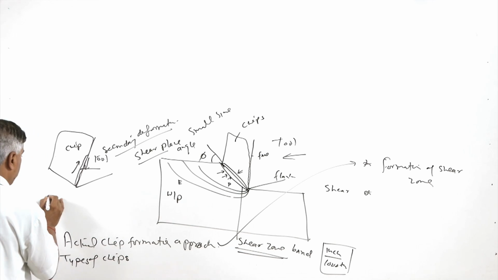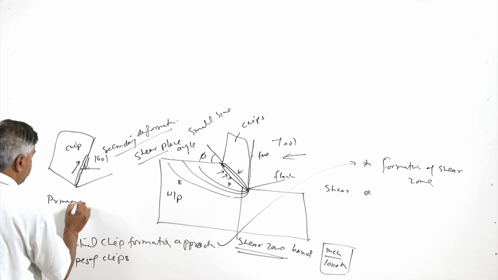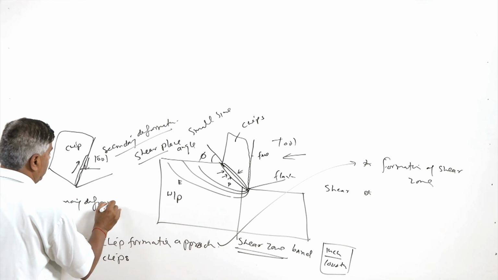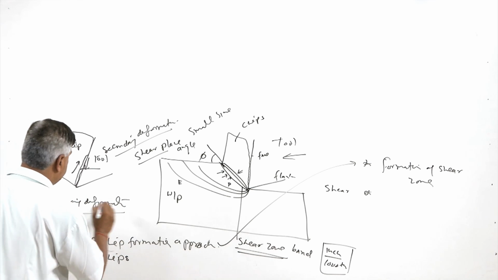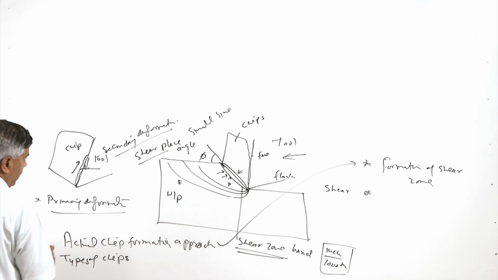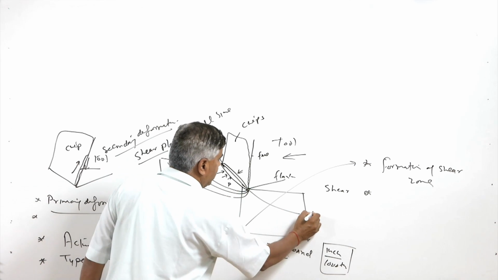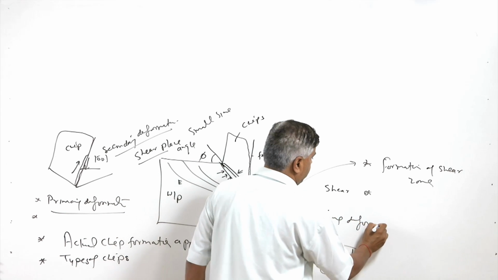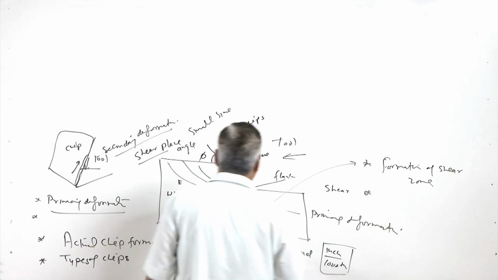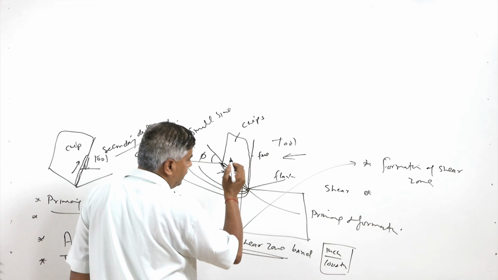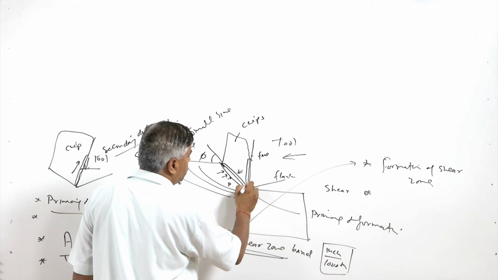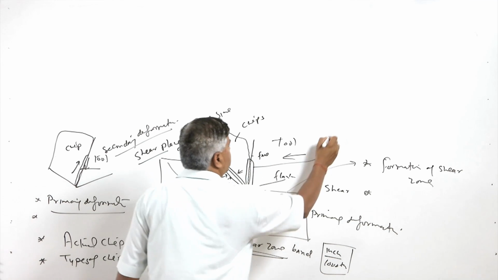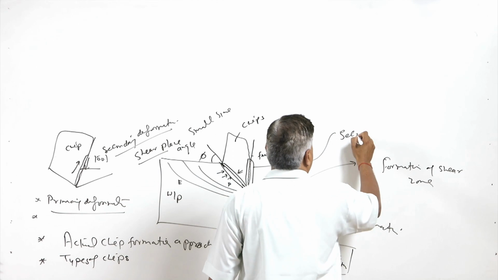One is the primary deformation zone, along which shearing takes place and the chip is formed. And another shear deformation takes place at the tool-chip interface, which is termed as the secondary deformation.